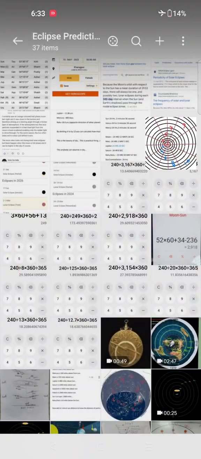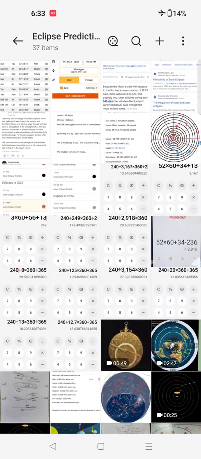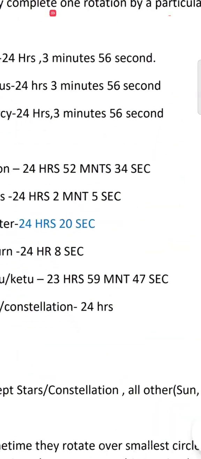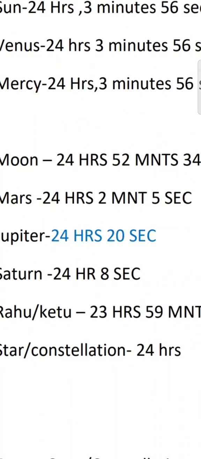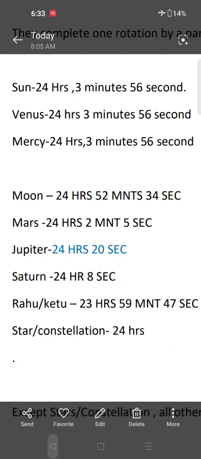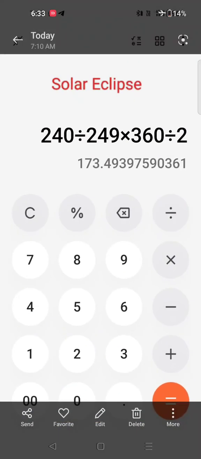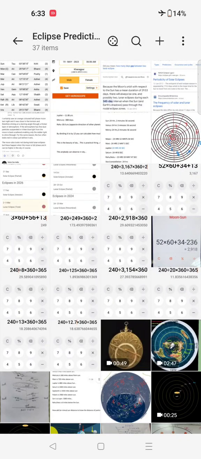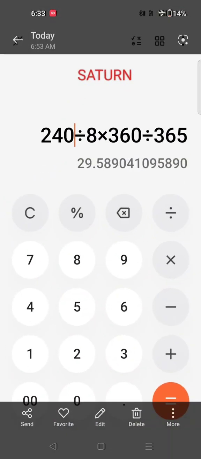and the gap between this constellation and the time gap between this star constellation, 24 hours, and the Saturn constellation, that gap if you divide it as the time we use, the Sun's time we use. So if we calculate by this formula, 240 seconds, then we will get Saturn's time as 29.5 years to complete 12 zodiac signs.